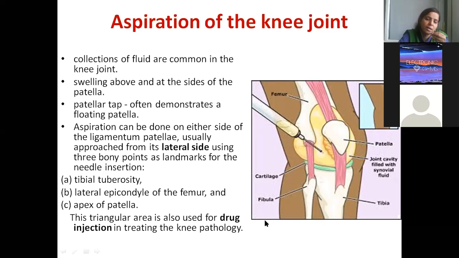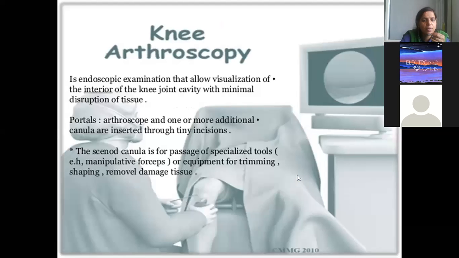Sometimes a lubricant almost like synovial fluid is also injected to increase the mobility of this joint and to reduce the pain. Knee arthroscopy is a technique to see the interior. If there is any space reduction, degeneration of cartilage, rupture of cruciate ligament or meniscal tear, everything can be viewed with the help of knee arthroscopy.